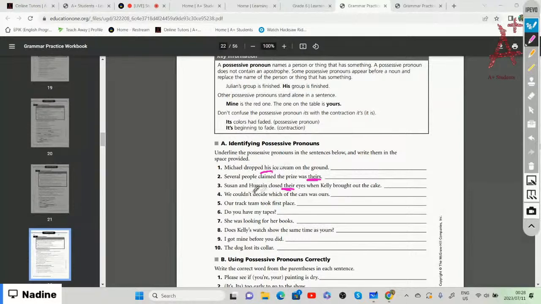We couldn't decide which of the cars was ours. So the possessive pronoun within the sentence is ours.